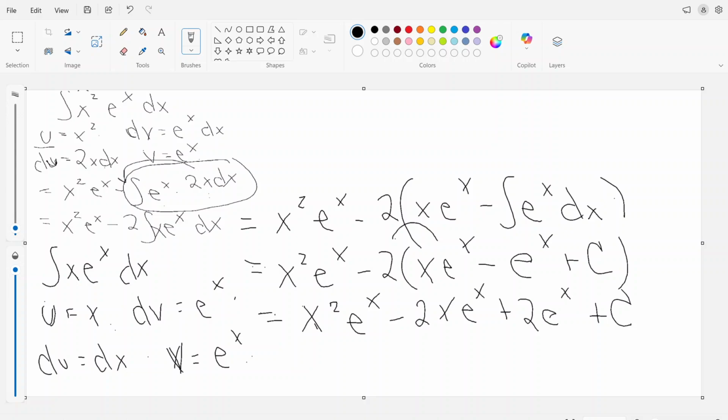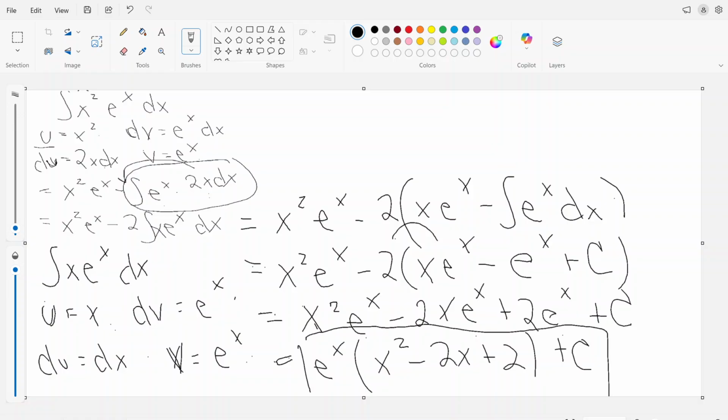And now what you can do is, because there's an e to the x in every term, we can factor it out in front. So factor out e to the x. This becomes e to the x times (x squared minus 2x plus 2) plus c. And that is our simplified full answer to our first exam problem.